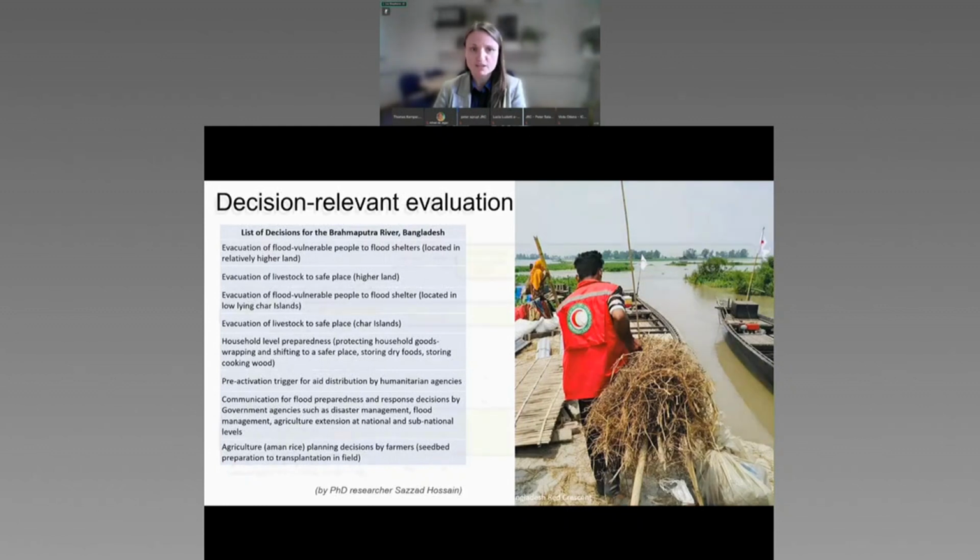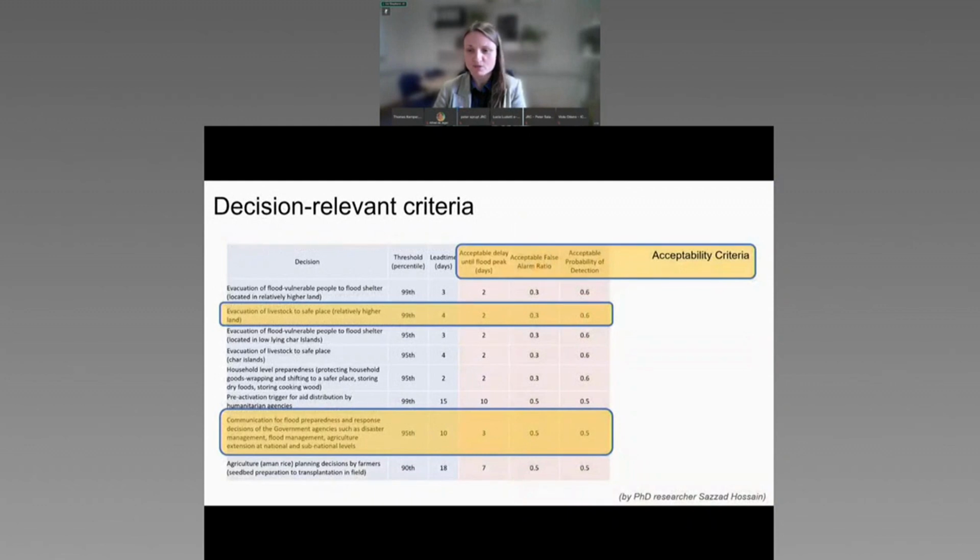And what we've been working on is to think a little bit beyond just understanding what threshold creates an impact and how far in advance of the flood you need to act, but also thinking about the acceptability criteria for forecast skill. So for example, we look at things like the acceptable delay until the flood peak.